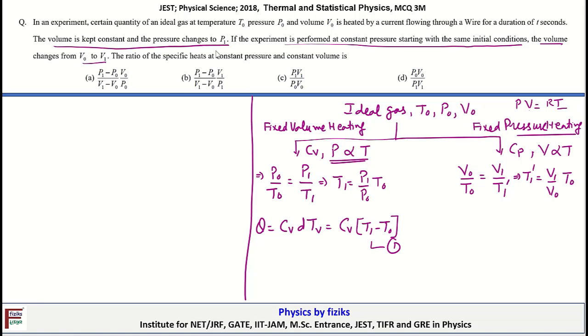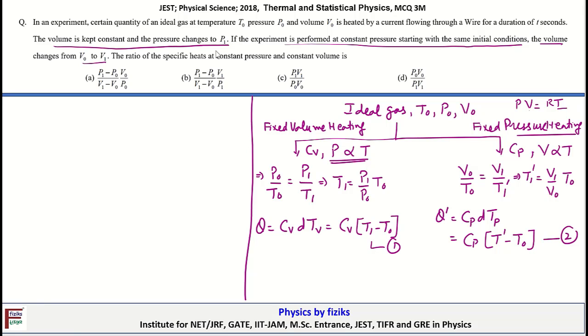The corresponding heat exchange involved in this process, let's say Q dash, is equal to Cp times the change in temperature at constant pressure, which is Cp into (T dash minus T naught). Let's call this equation 2.